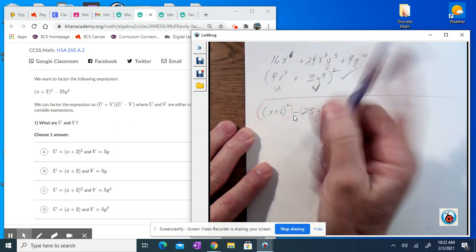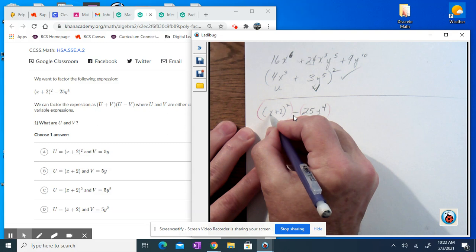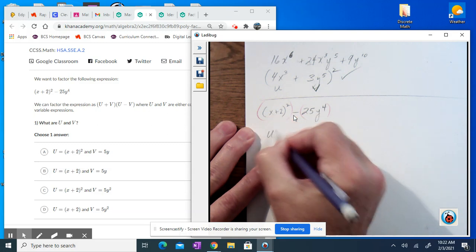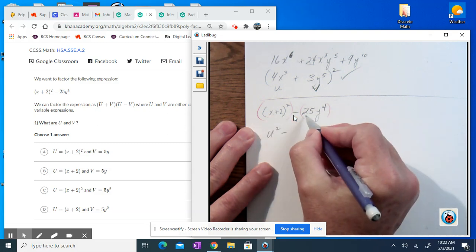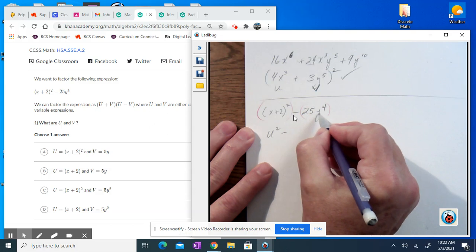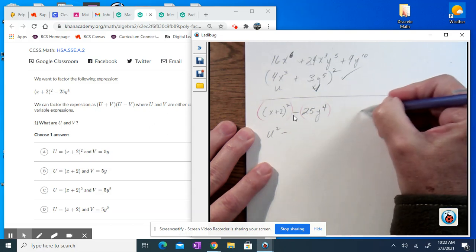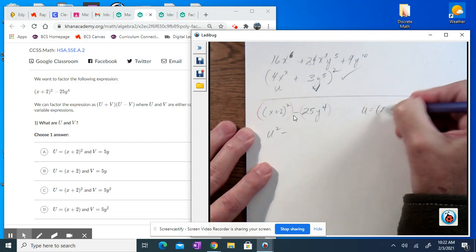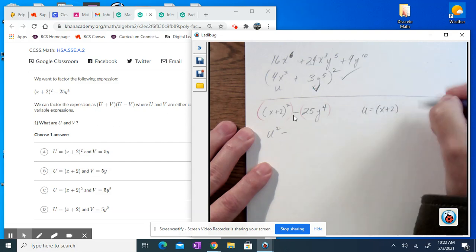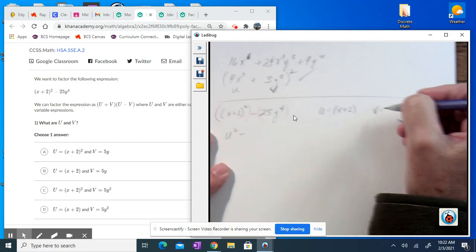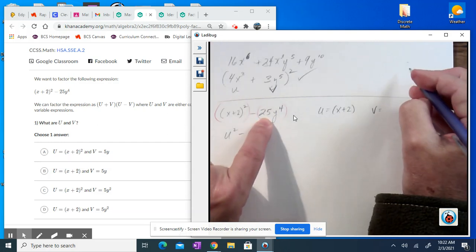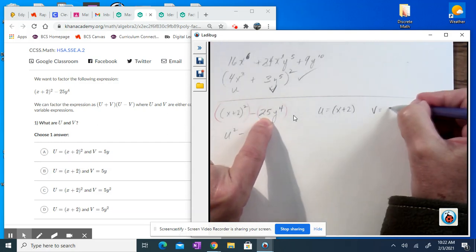So we're going to let x + 2 be the u, and we're going to let, I think we need, so u is x + 2, right? And v is the square root of this, which should be 5y².